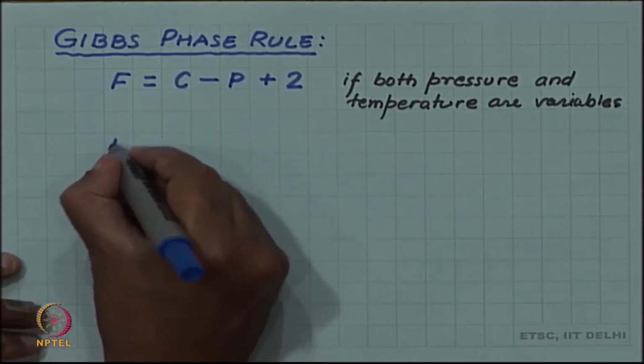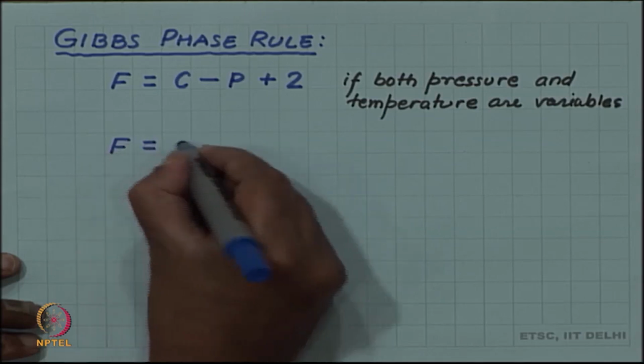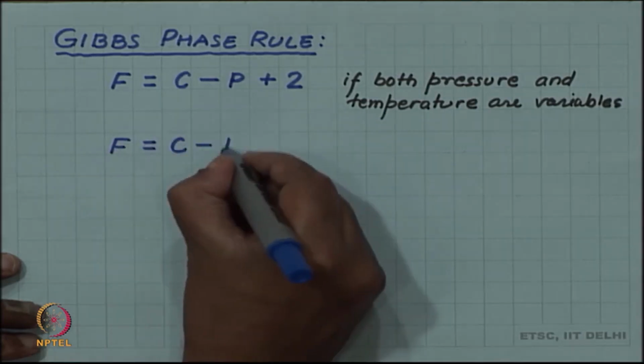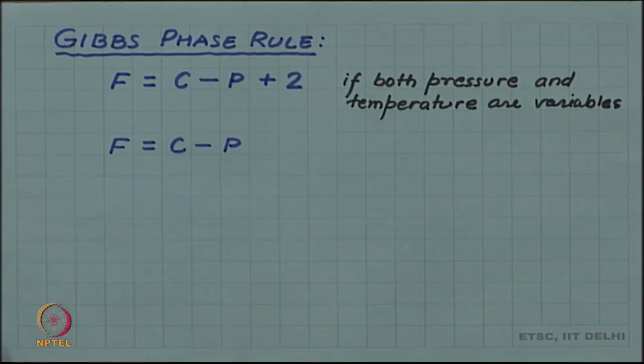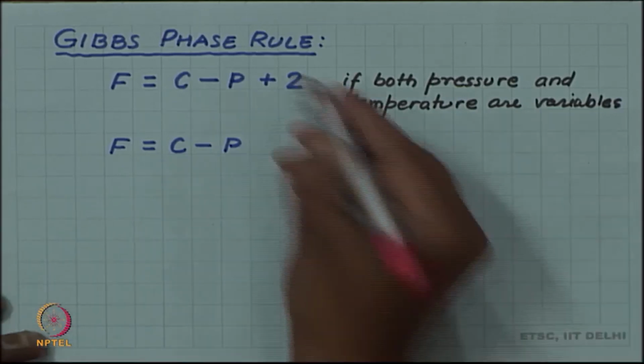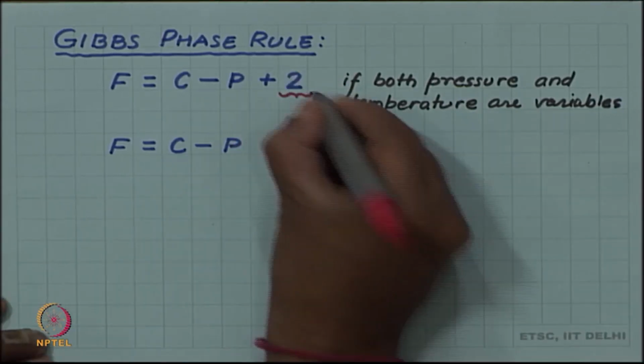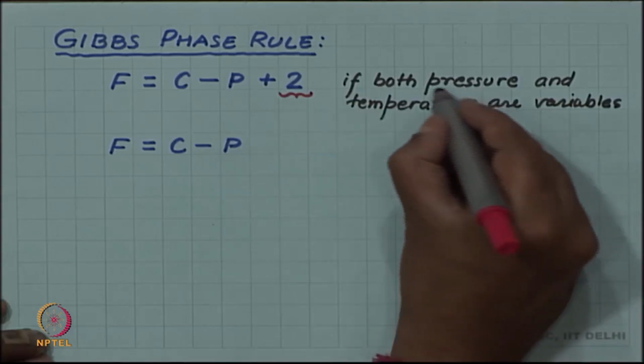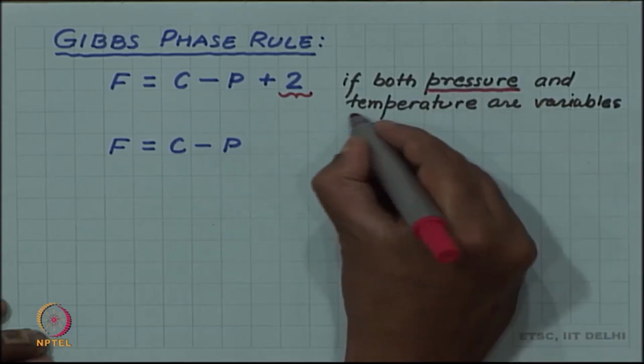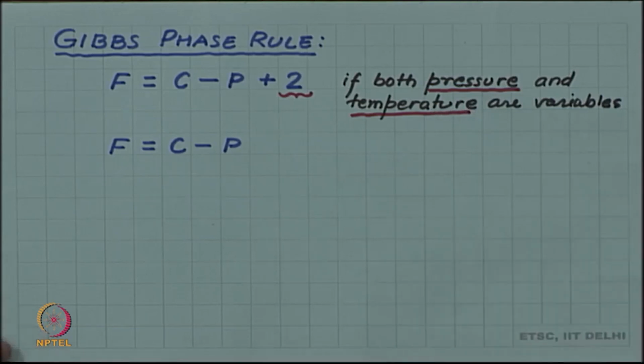Another form of Gibbs phase rule. So, this 2 actually comes from pressure and temperature. This 2 is from pressure and temperature, representing these two variables.